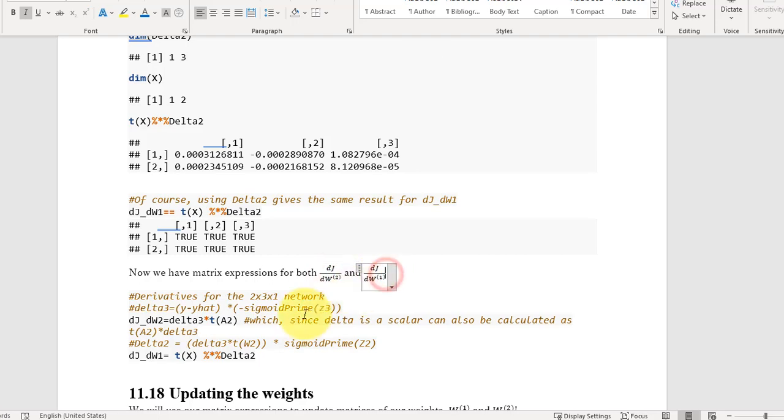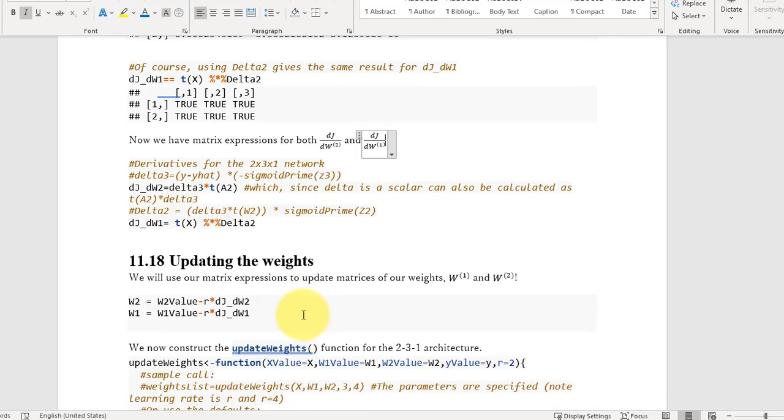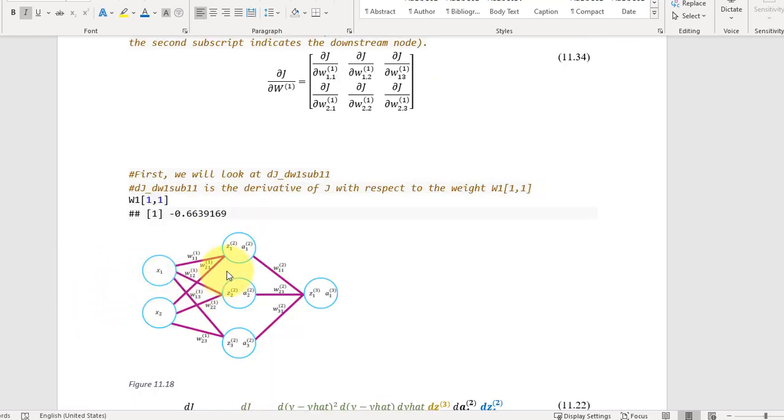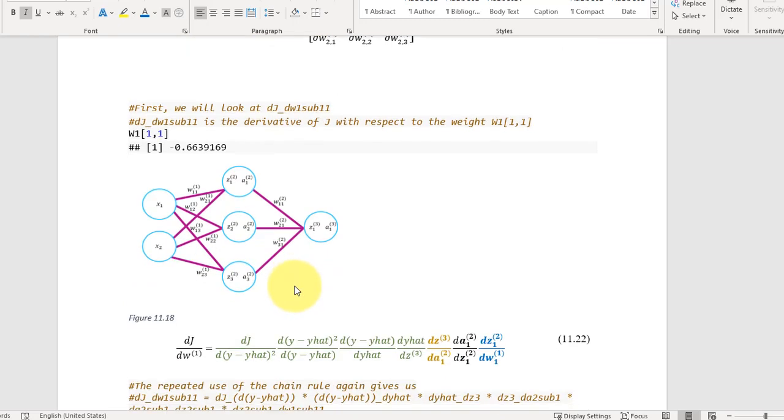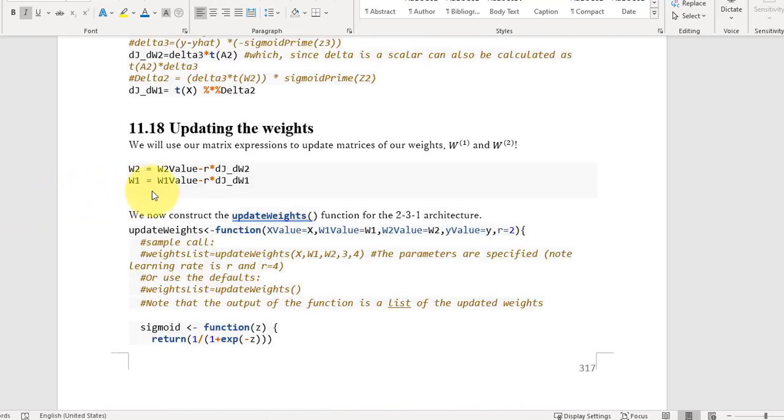And now we can update the weights for our 2 by 3 by 1 network. Now we can update the weights for all of these, and we have matrix equations to do it in R. And here they are. Here are the matrix equations. So we take the matrix with the W2 values. Remember, that's currently either a 3 by 1 or a 1 by 3.